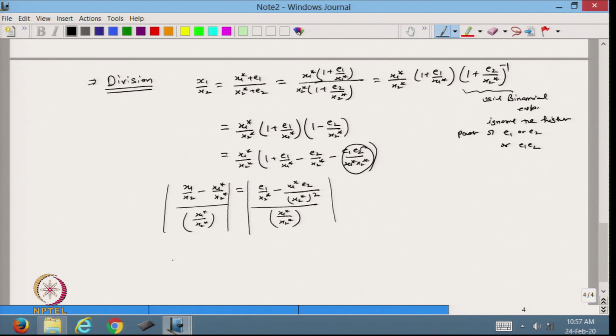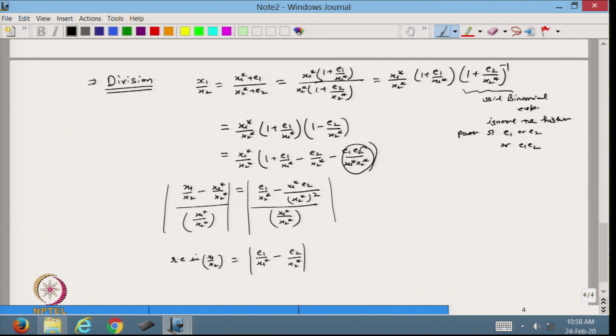So, the left hand side gives the relative error in x1 by x2. On the right hand side, if you see, this will divide by this. So, x2 will cancel out, it will give you E1 over x1 star from here minus, and x1 will cancel out here, so it will give you only E2 by x2 star.